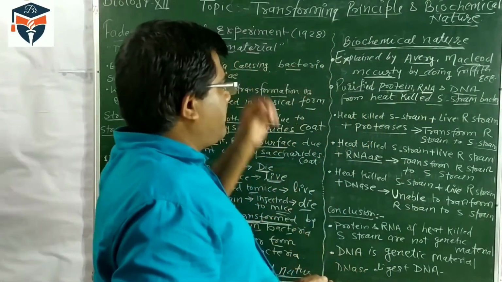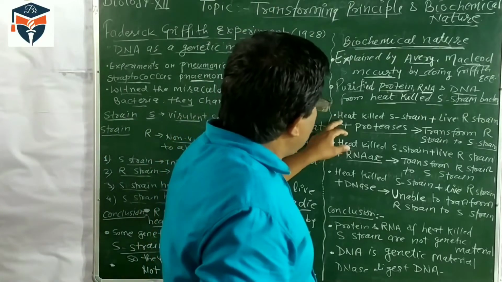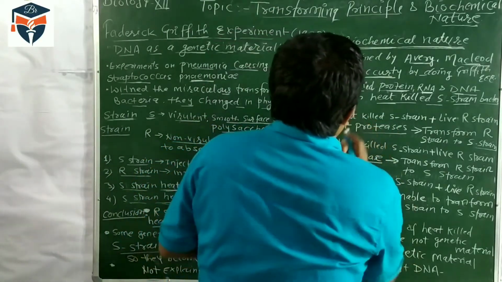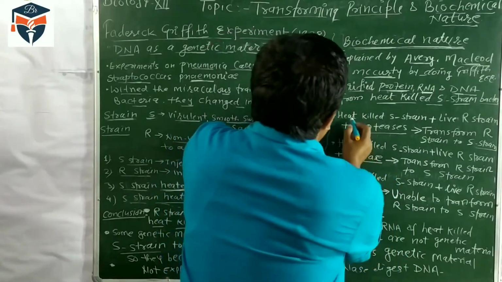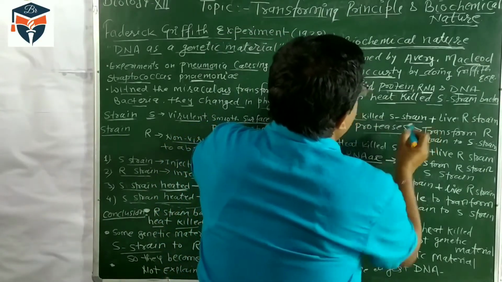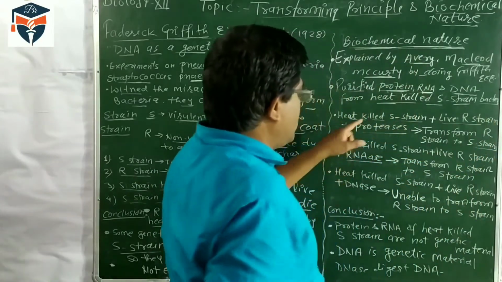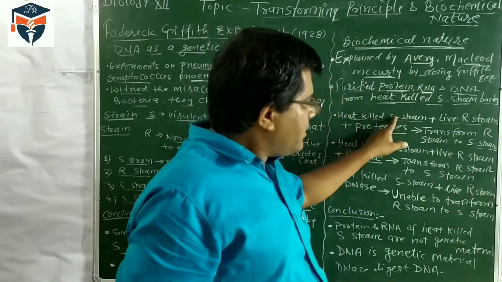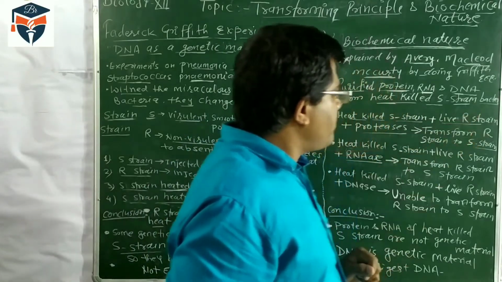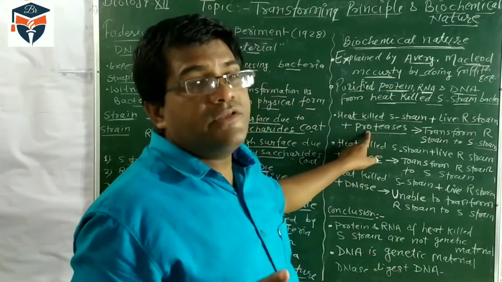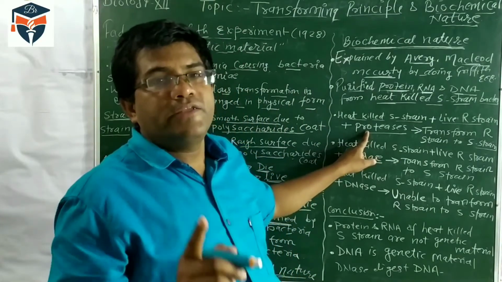Now what happened? In the first experiment, they took heat-killed S bacteria with live R bacteria and mixed in the protease enzyme. Protease helps to digest the protein.